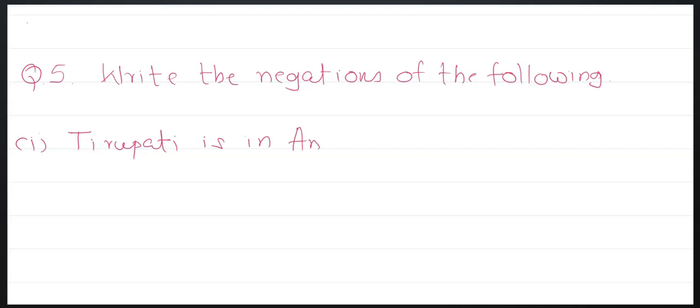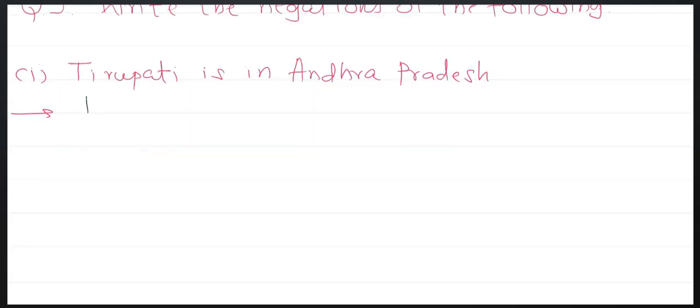So negation is Tirupati is not in Andhra Pradesh.